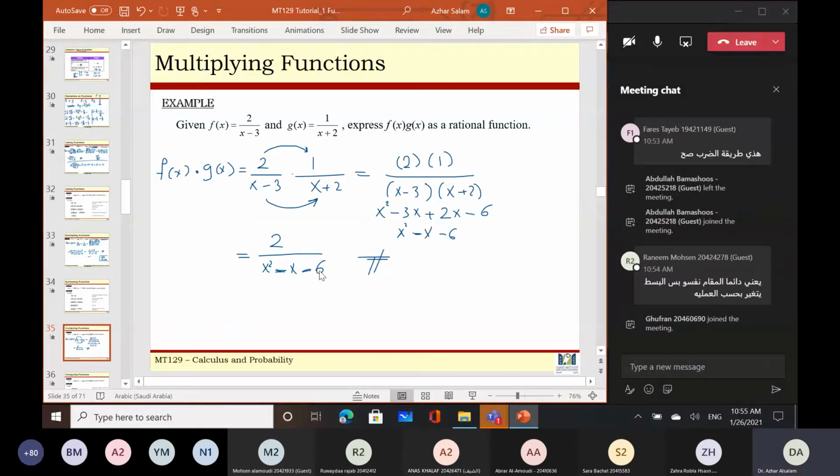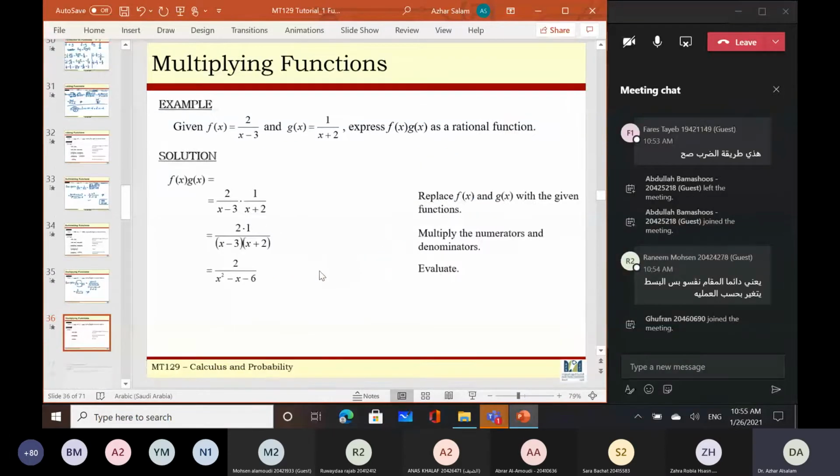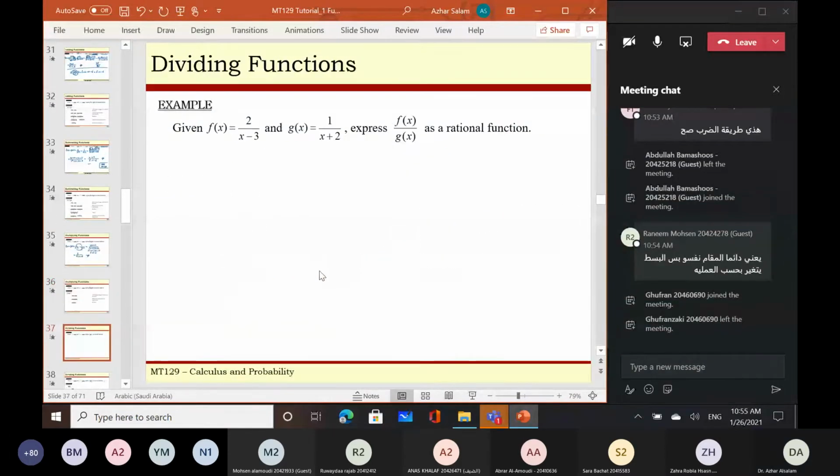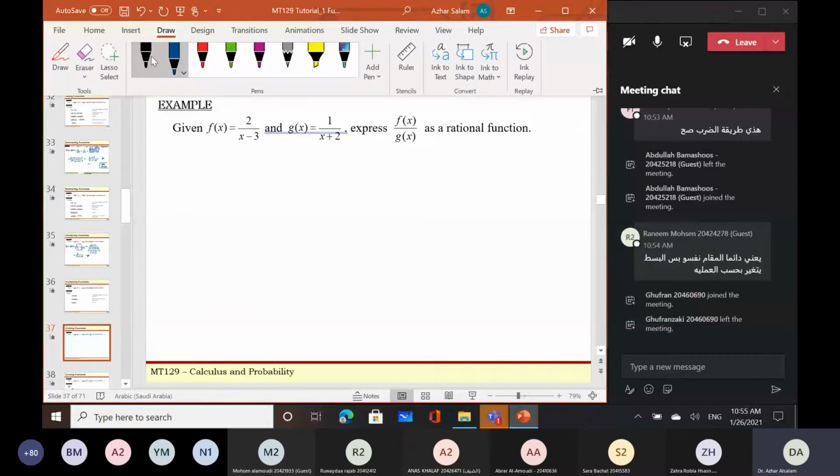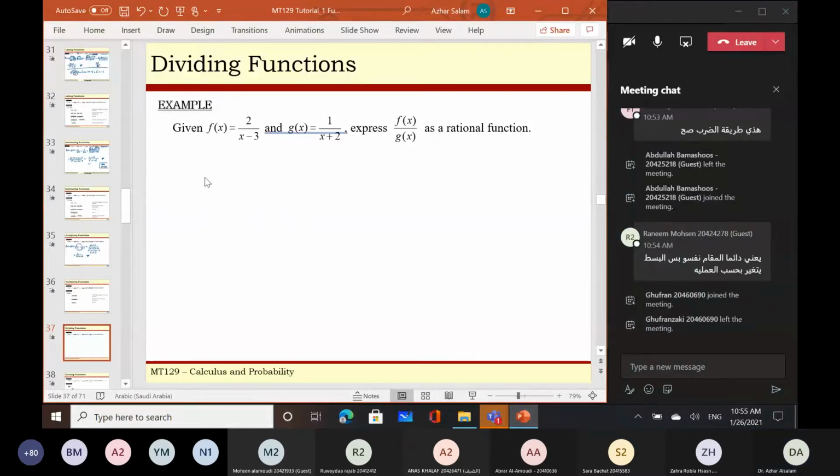It will be a little bit different for the division, since I have to take the reciprocal. Since I will take the reciprocal, the denominators will change in this case. Here I have to take the division. This is the question.